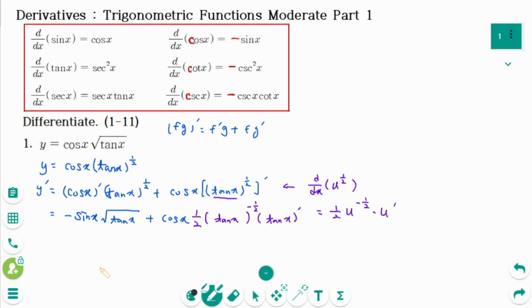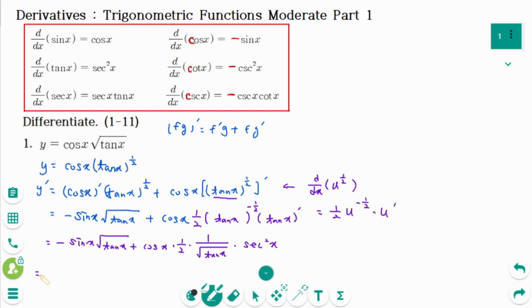Keep the inner function. Then minus sine x square root of tangent x plus cosine x times 1 over 2. Back to the radical form, 1 over square root of tangent x times (tangent x)', which equals secant squared x.